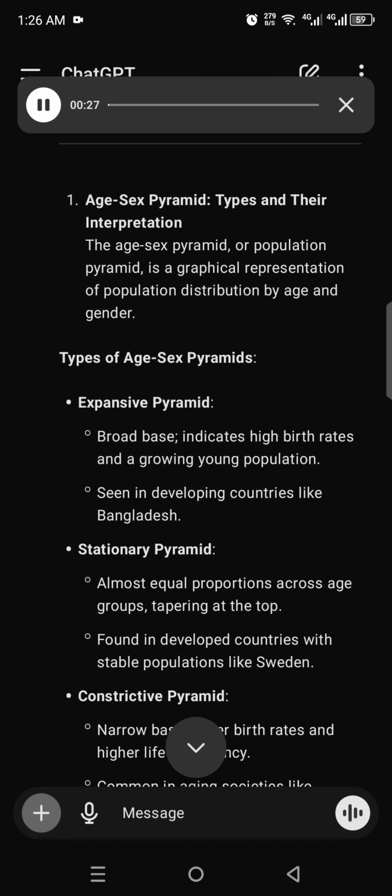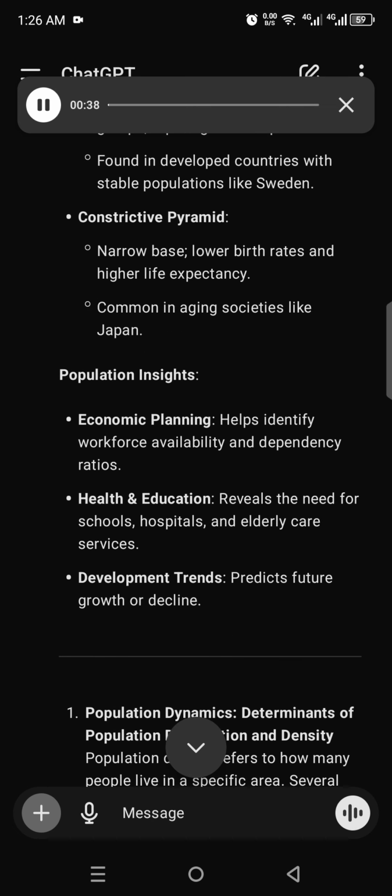Stationary pyramid, almost equal proportions across age groups, tapering at the top, found in developed countries with stable populations like Sweden. Constrictive pyramid, narrow base, lower birth rates and higher life expectancy, common in aging societies like Japan. Population insights. Economic planning helps identify workforce availability and dependency ratios. Health and education reveals the need for schools, hospitals, and elderly care services. Development trends predicts future growth or decline.